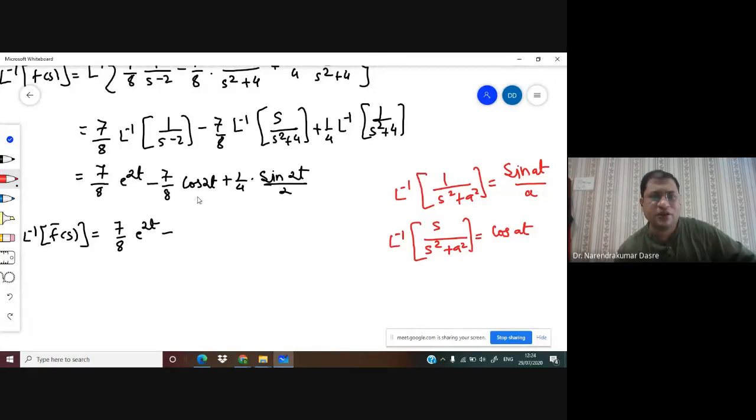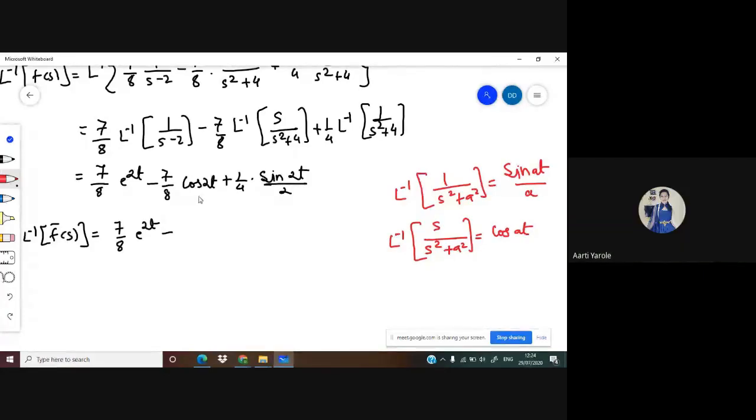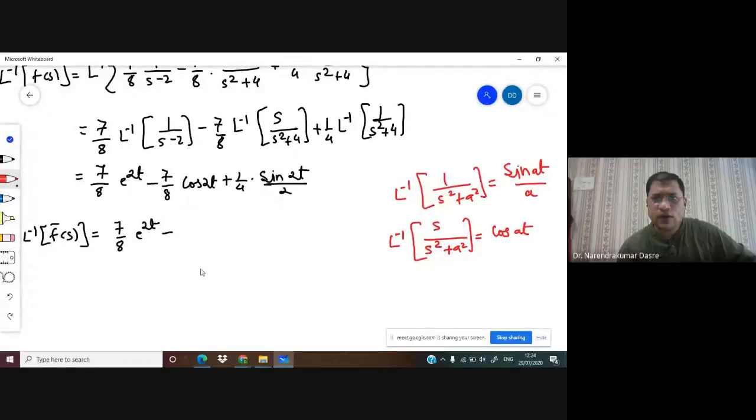Either it will be time or it will be frequency. So we cannot take 2 in the denominator like sine 2t upon 2, so cos 2t upon 2. This is the formula. Do we have a constant here? We don't have the constant, so we cannot have the constant here.